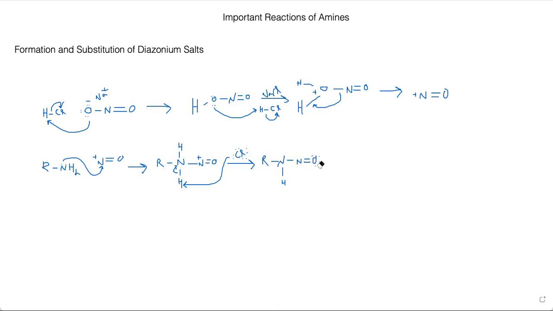That should only be 2 lone pairs. Okay, so then we're going to add more HCl. And this time, the oxygen of our kind of pseudo nitrosyl cation is going to attack that hydrogen, kick off our good leaving group here, which results in this situation.